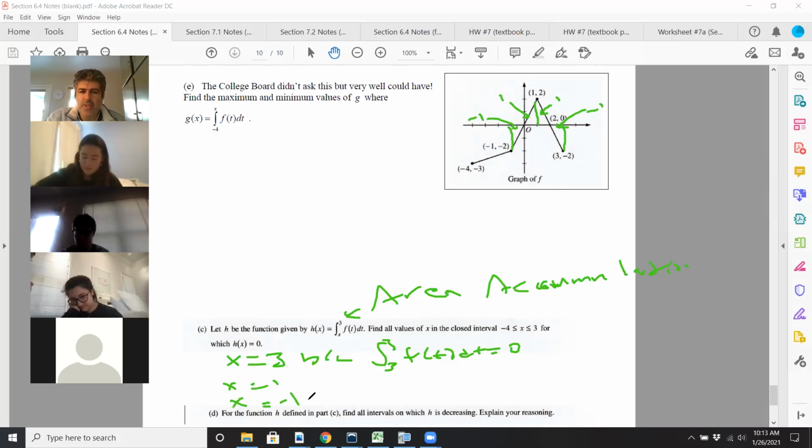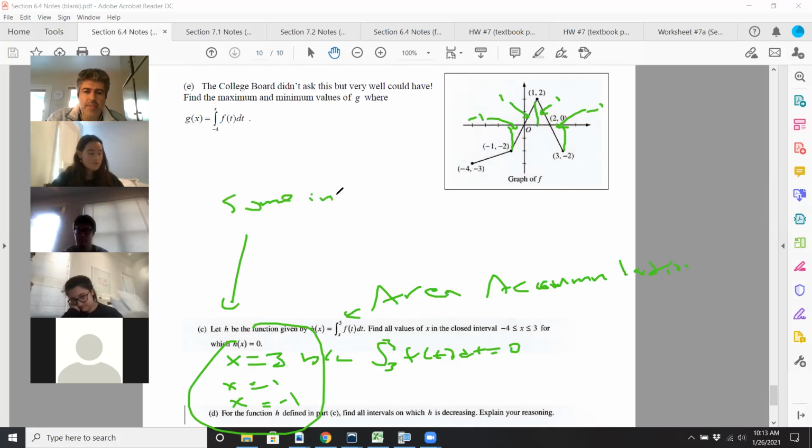You don't have to really give a justification. I just felt like doing it for x equals 3. But if you were to integrate from -1 to 3, all the areas would cancel. If you integrate from 1 to 3, the areas would cancel. And of course, if you integrate 3 to 3, the lower and upper limits are the same. So that's how that one worked. That requires just some intuition and thinking about area as well.